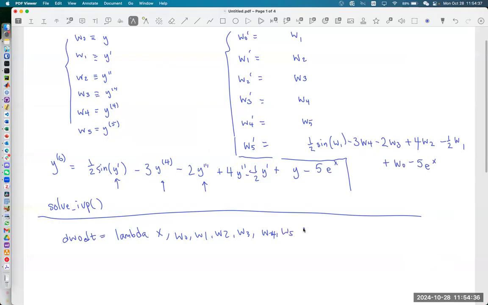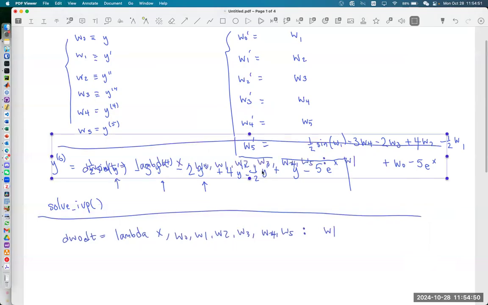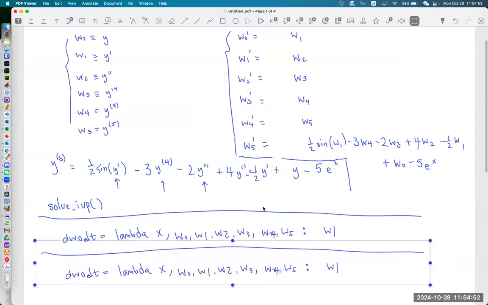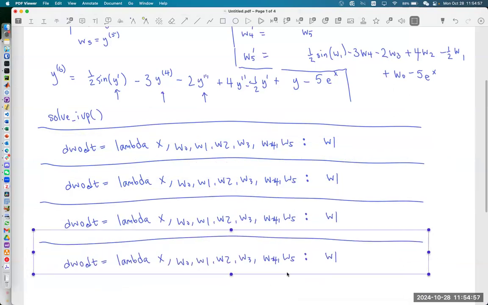Then colon, and it's defined as W1. And then I'll just copy and paste this five times.